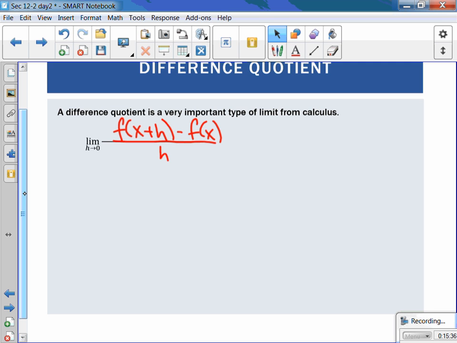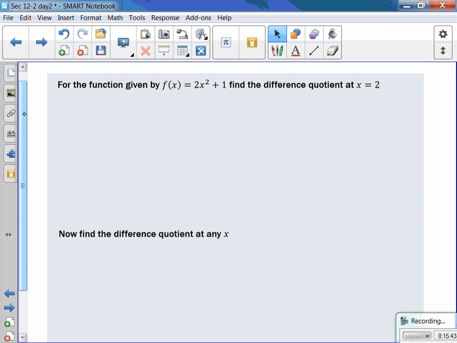How does this stuff work? Well, let's take a look. Here we want to find the difference quotient for the function given by f of x equals 2x squared plus 1, where x equals 2. So, for our difference quotient, we need to know f of x plus h, f of x, and h. Well, h is just h. And in this case, we were letting x equal 2.